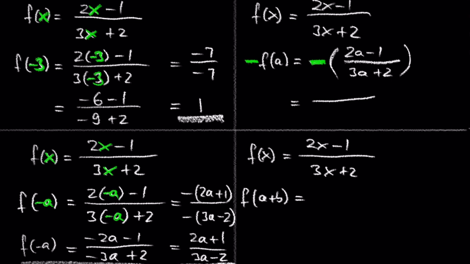Recall that when removing the negative sign and the parentheses, we have to change the sign in front of 2a, which then becomes negative 2a. And we have to change the sign in front of 1, which then becomes positive 1. So negative f of a equals (negative 2a plus 1) over (3a plus 2).